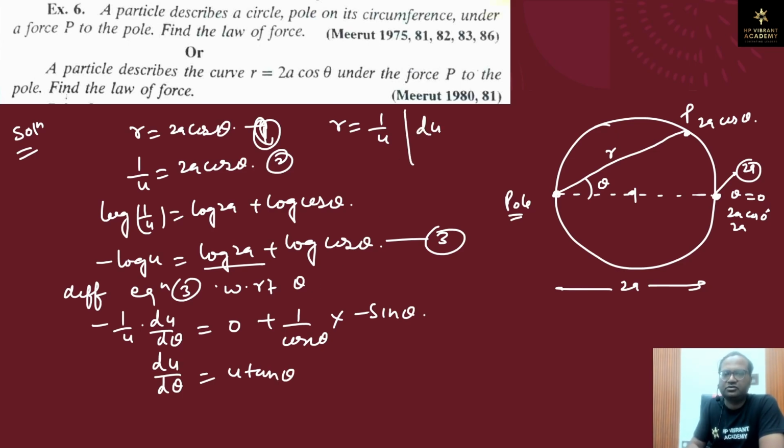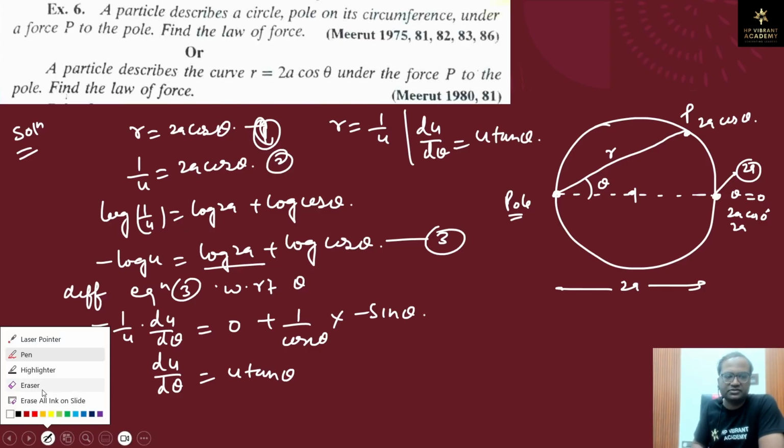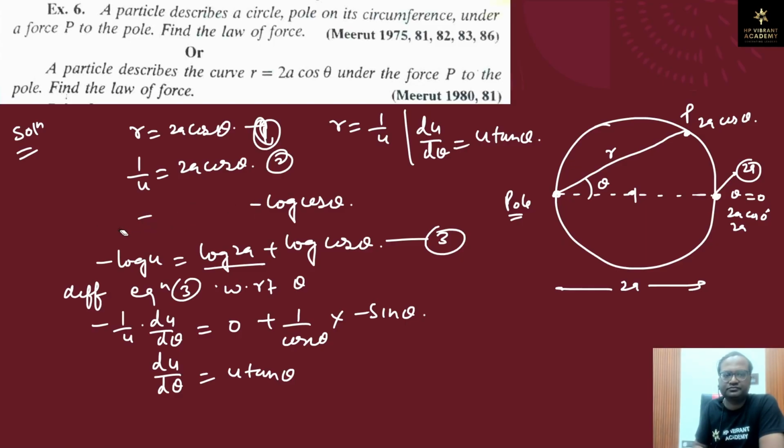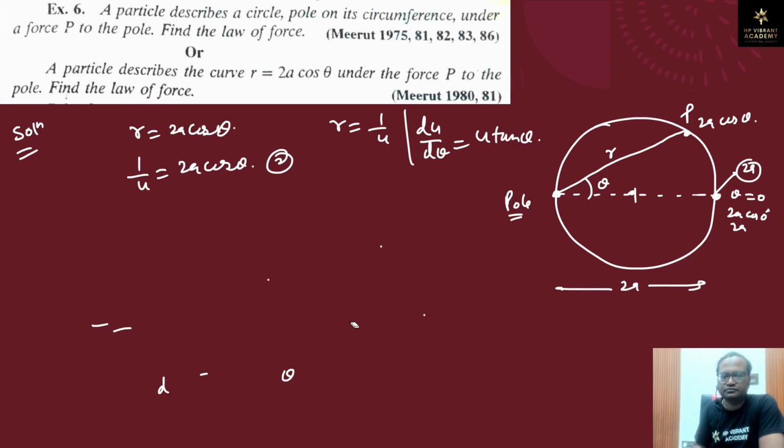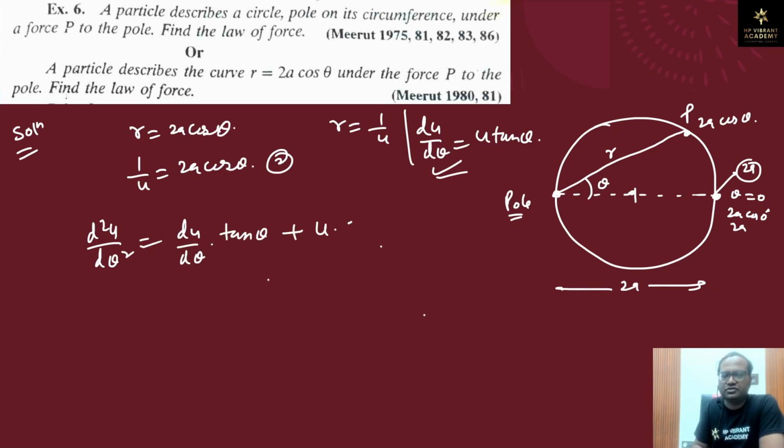Let us further differentiate this. So we have d2u upon d theta square is equal to du upon d theta into tan theta plus u into sec square theta.